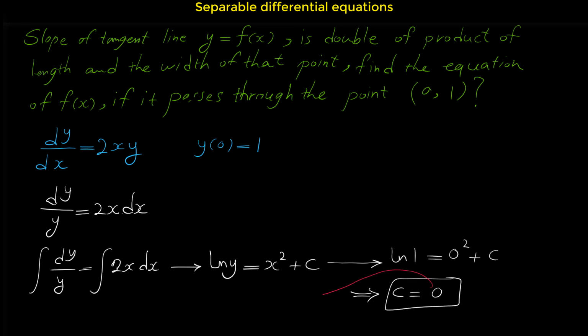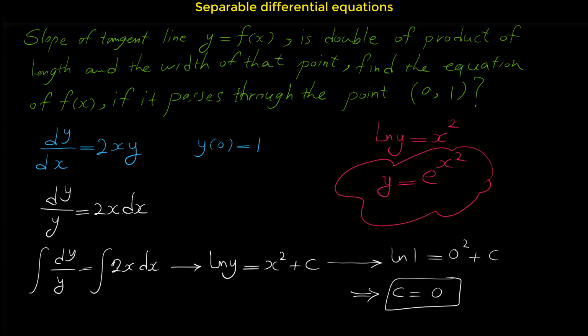If we plug in 0 for c, we can write this as ln of y equals x squared. And if you'd like to get rid of this ln and write y explicitly in terms of x, you can write this as y is e to the power of x squared.